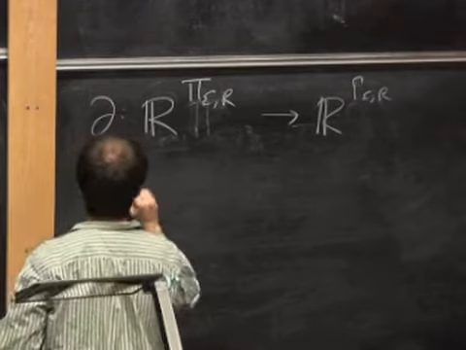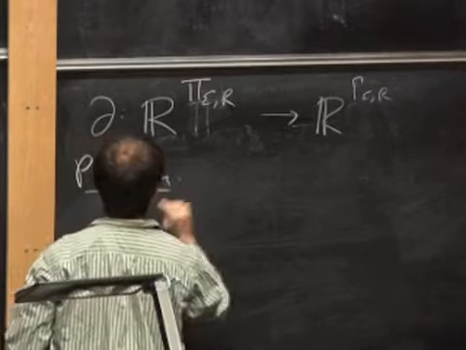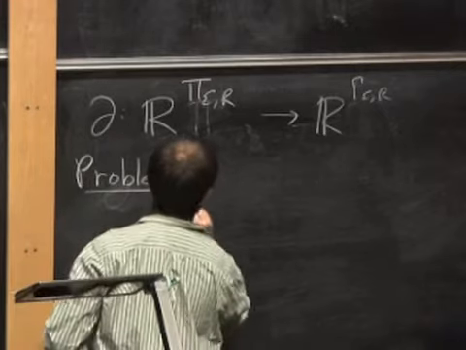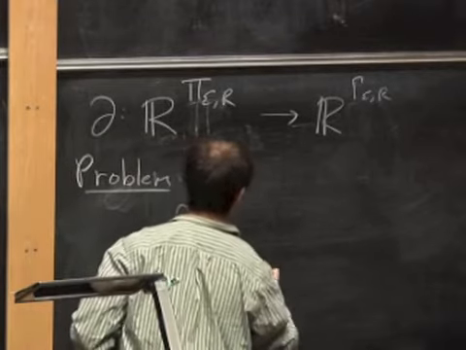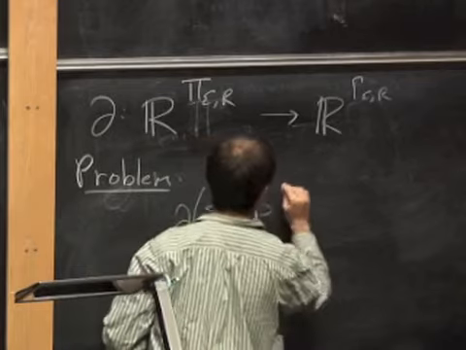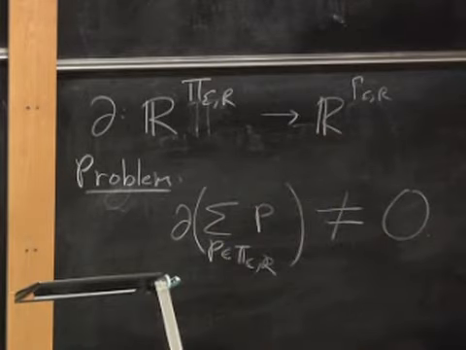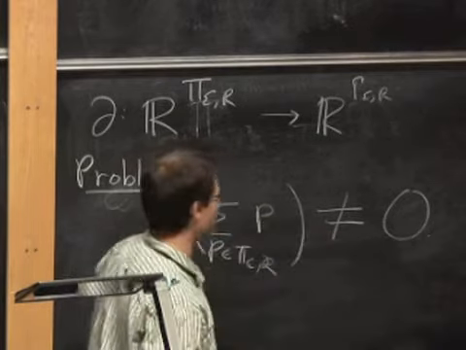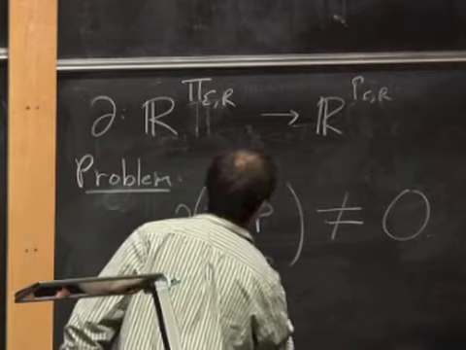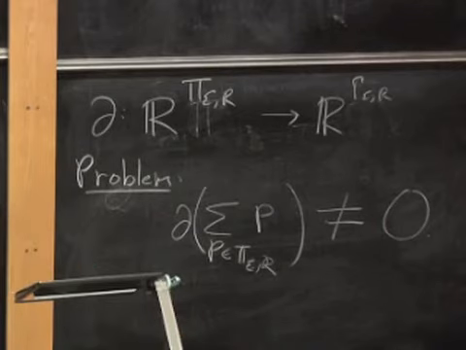And then the problem is that if I take, just naively, one of each pair of pants, and I take the boundary of this, then this is not equal to 0. I can't prove that it's not equal to 0, but I certainly can't prove that it's equal to 0, and I very much suspect that it's not equal to 0. So this is the problem, and it's exactly saying that we have more pants on one side than we have on the other side.